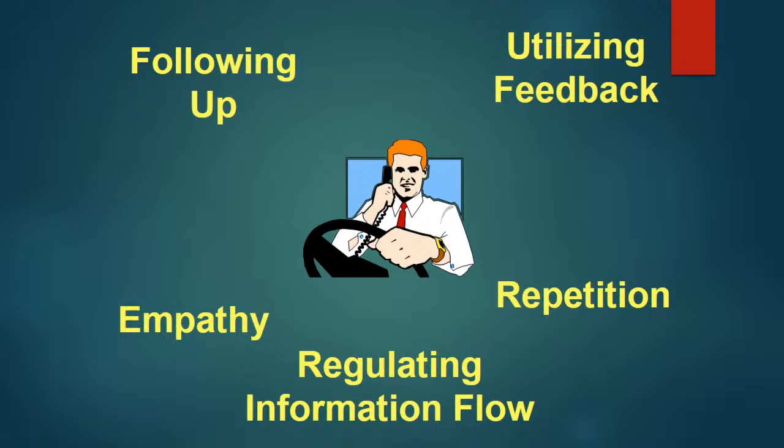We will have to repeat the different things which are not clear, so that the right information reaches the other party. And most importantly, the information flow should be regulated. There should not be barriers in the communication process, and the chances of noise should be less.